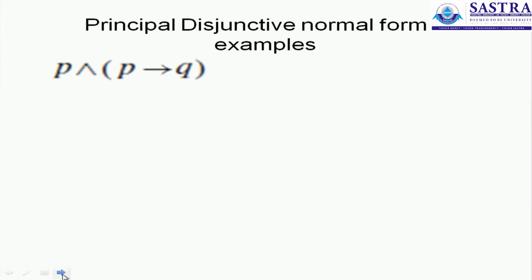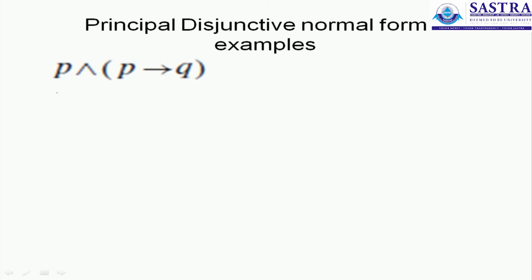Okay, have a look at this. What we have is P conjunction and a condition. You have both a conditional and a conjunction. But the bright side is it involves only 2 variables P and Q. There's no R, so the table is a lot smaller in size.